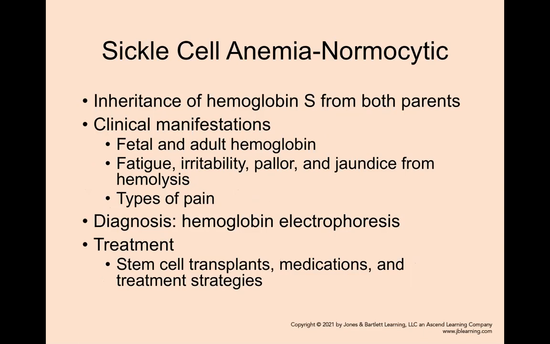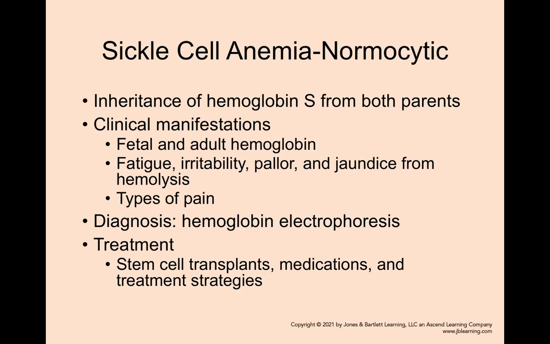Basically, part of that, they get pain because the blood gets stuck. Part of it is they're having ischemia, so it's like a heart attack to the peripheral parts of their body. So the way to get that better is to hydrate them and treat their pain. The diagnosis is done through hemoglobin electrophoresis.